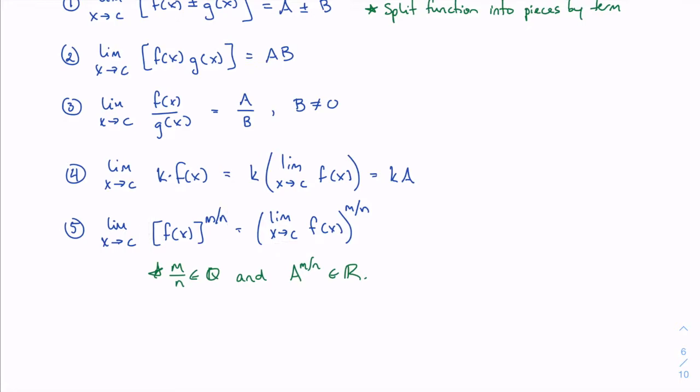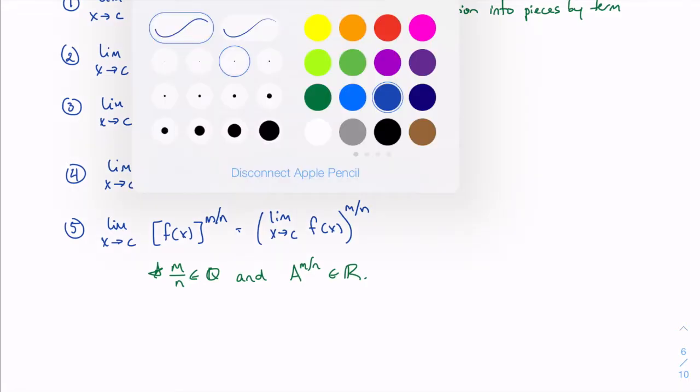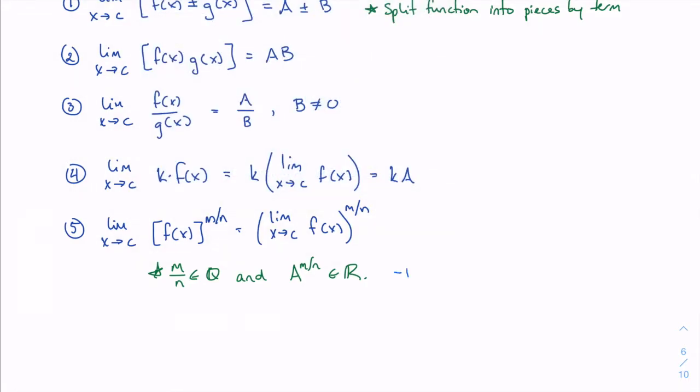Of course, my power needs to be some kind of rational number, which in this case we're also including whole numbers here, I suppose. And of course I also need my number to that power to exist. I can't have anything here like -1 to the 1/2, because that obviously does not exist.